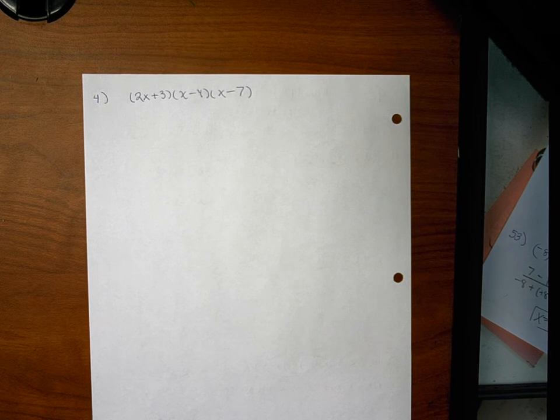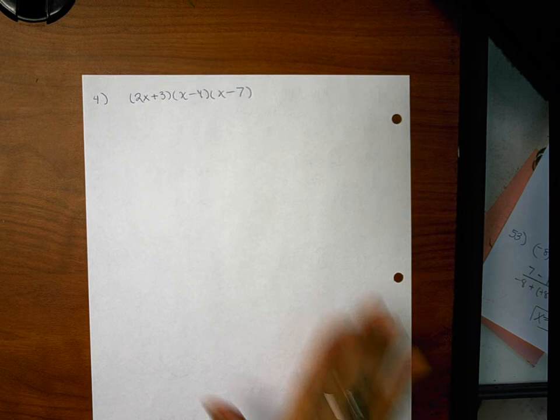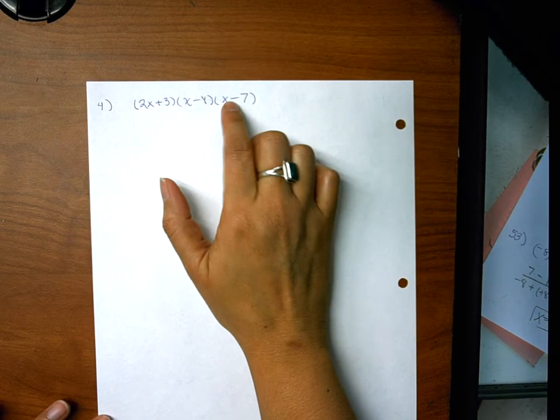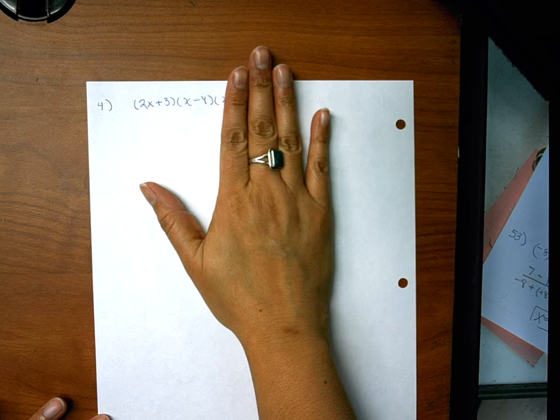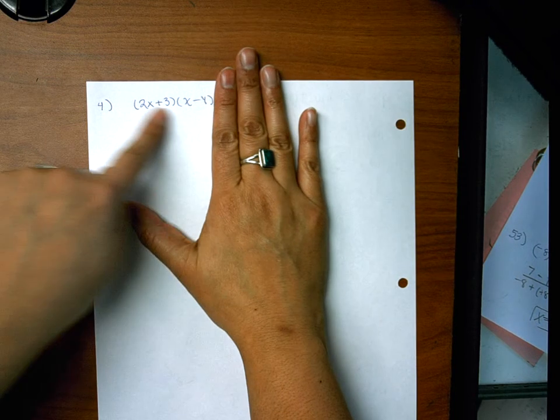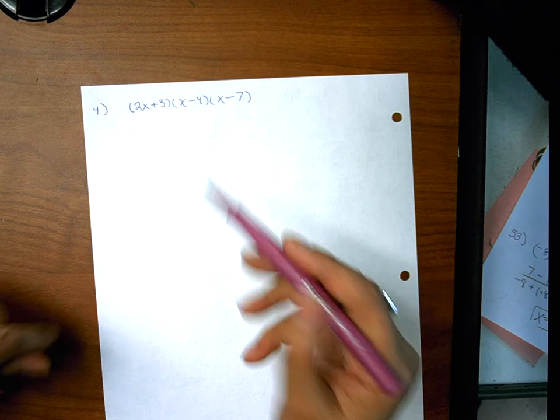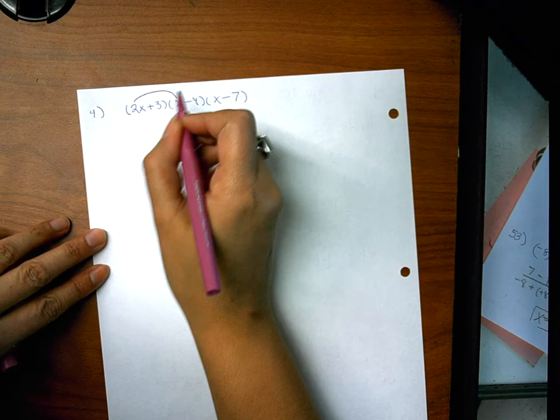Multiplication is commutative, so it does not matter which 2 you multiply first. The first 2, the last 2, the first and the last. Doesn't matter. I'm just going to read from left to right and do those 2 first. So I'm going to ignore that one for a little bit and just do my double distribution like we've done on previous problems with those 2 there.